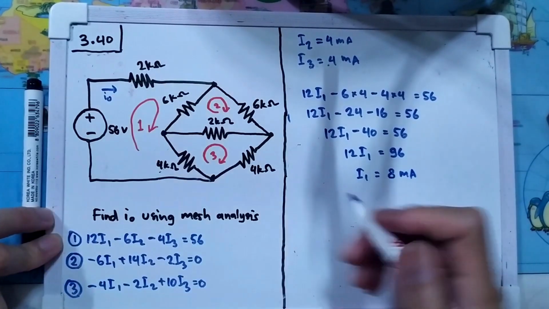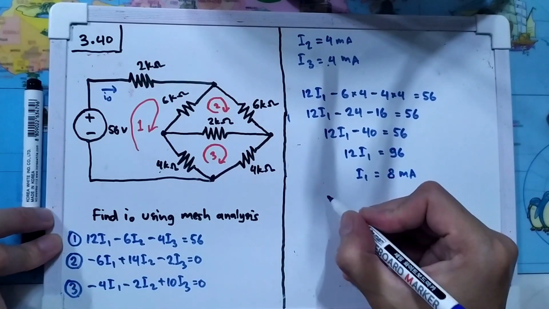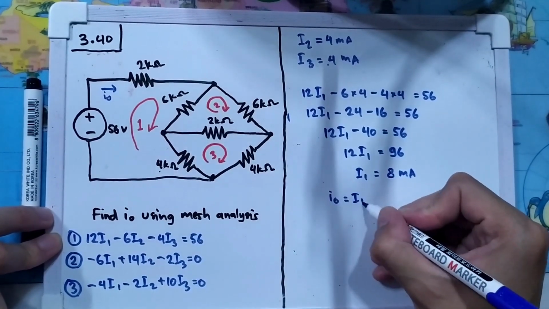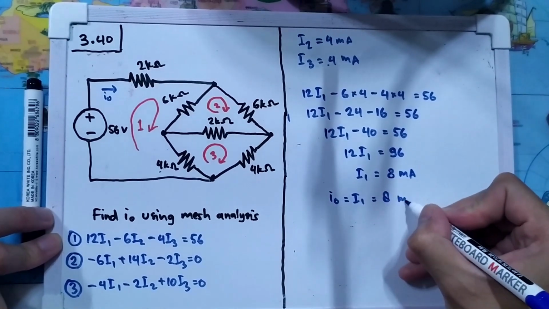And remember that we are asked to find I0, so I0 is equal to I1, so it is 8 milliampere.